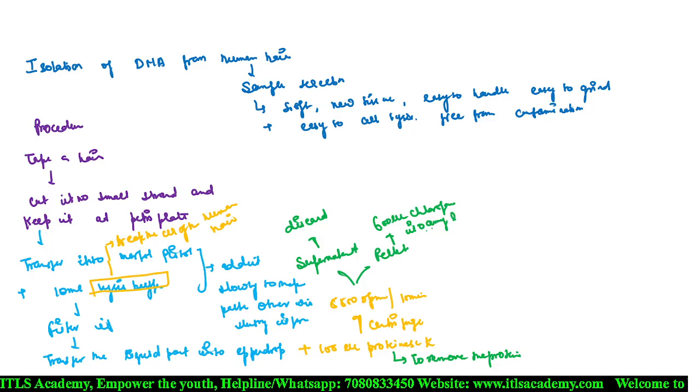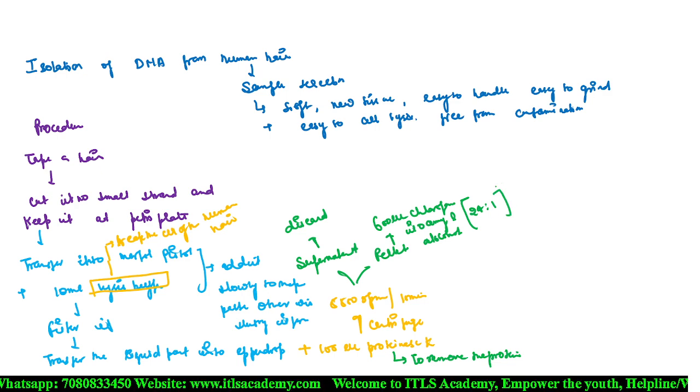Here the ratio of chloroform and isoamyl alcohol is 24:1, which means that if you take 24 ml of chloroform, then you have to add 1 ml of isoamyl alcohol. Then you have to mix it properly.